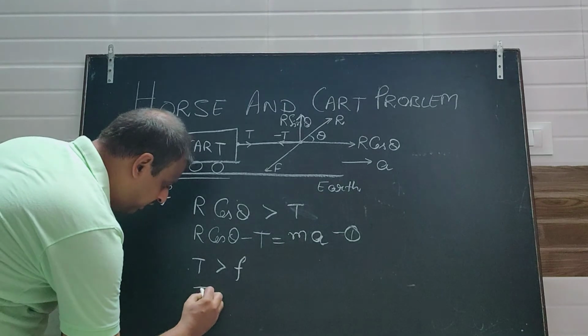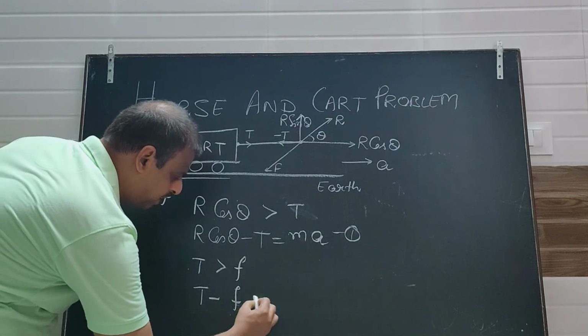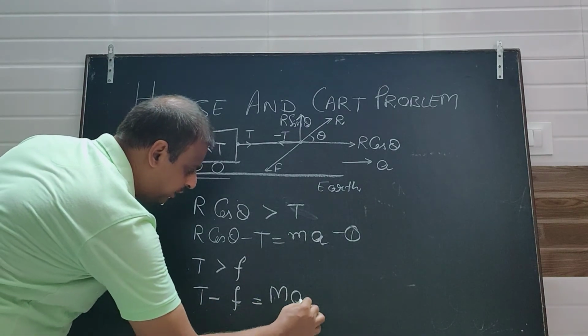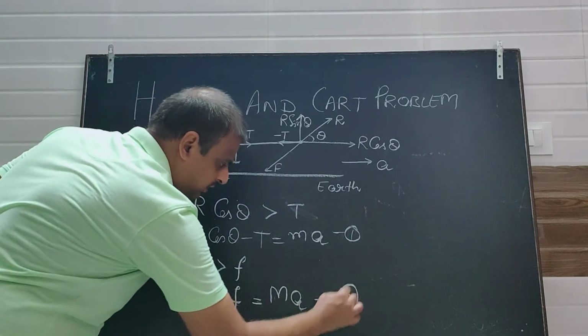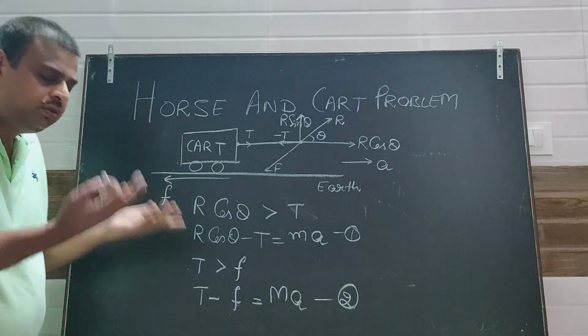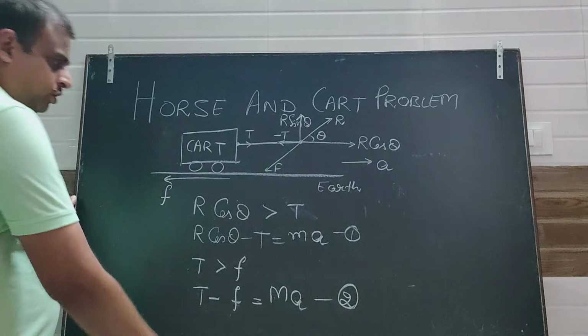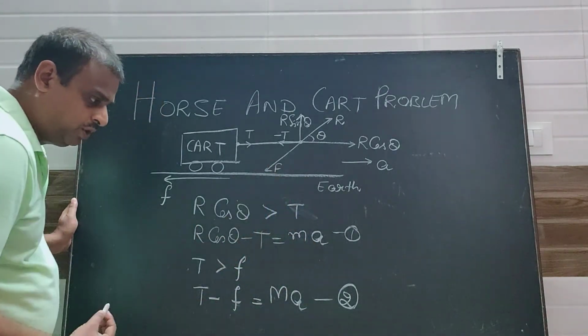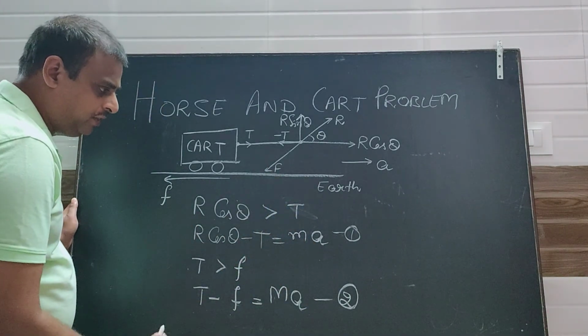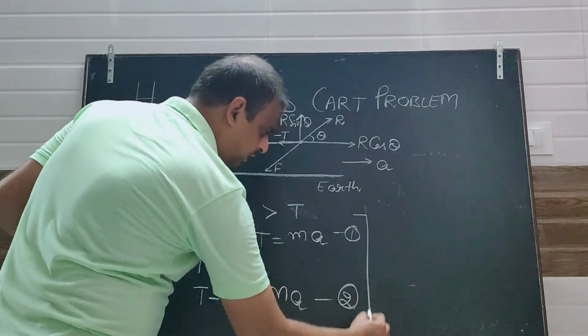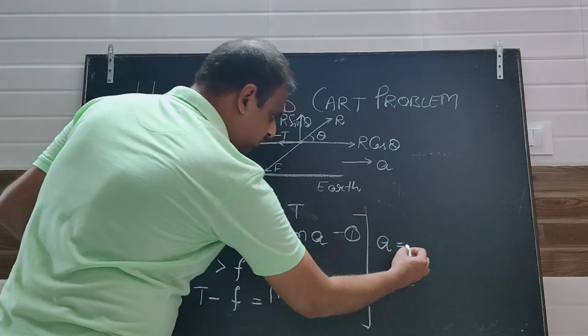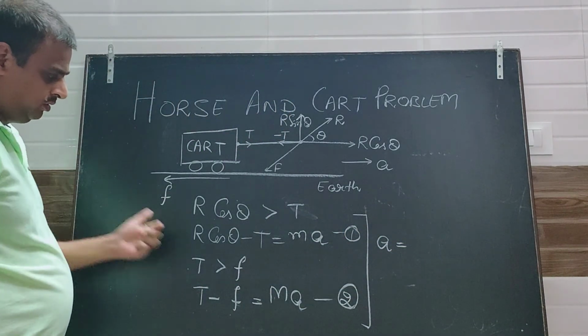So again, net force T minus F is equal to M into A. Let us say M is the mass of the cart. So let us add these two equations. After adding these two equations, I will get the value of acceleration from this equation.